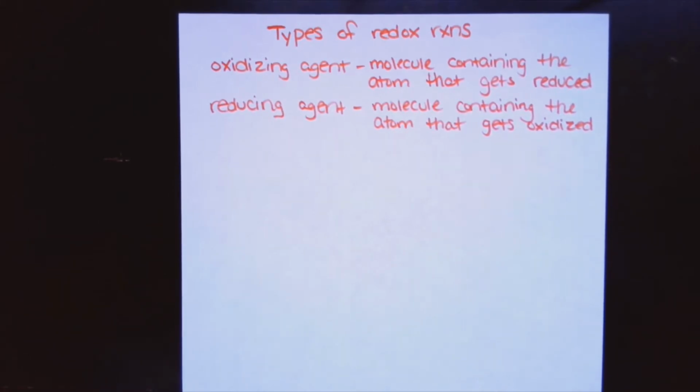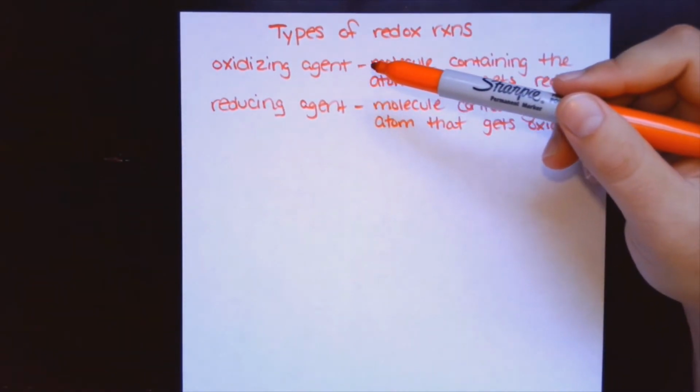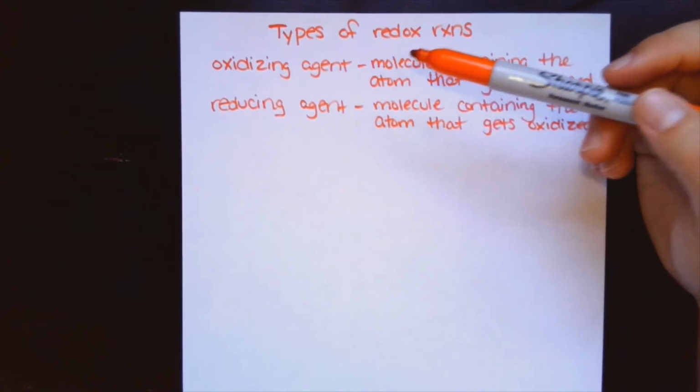Because remember, the oxidizing species loses electrons, and it's giving its electron off so that the reducing species can gain those electrons, right? So if a molecule contains a species being reduced, that means it's able to accept electrons, so it's an oxidizing agent because it's able to help facilitate the oxidation of another compound in that reaction.